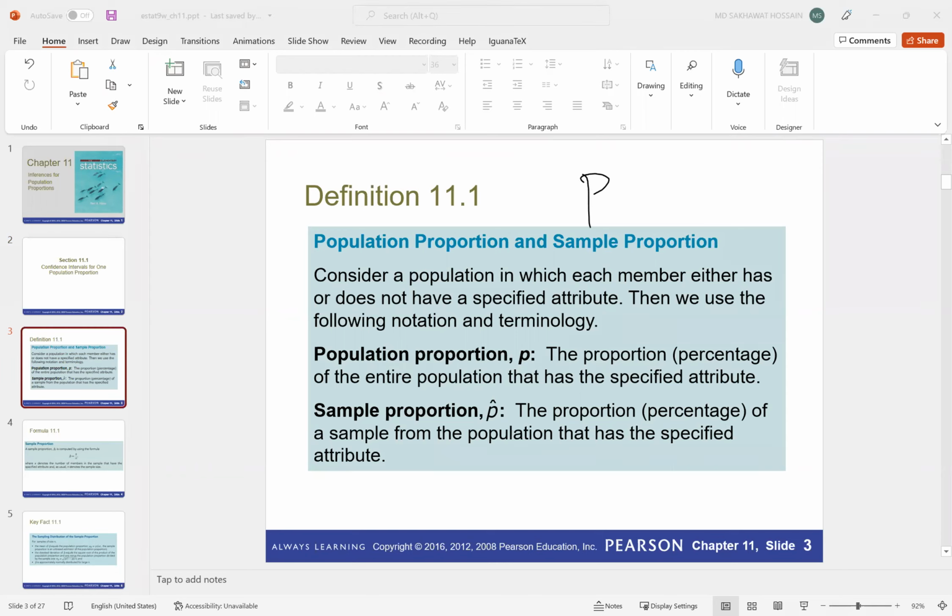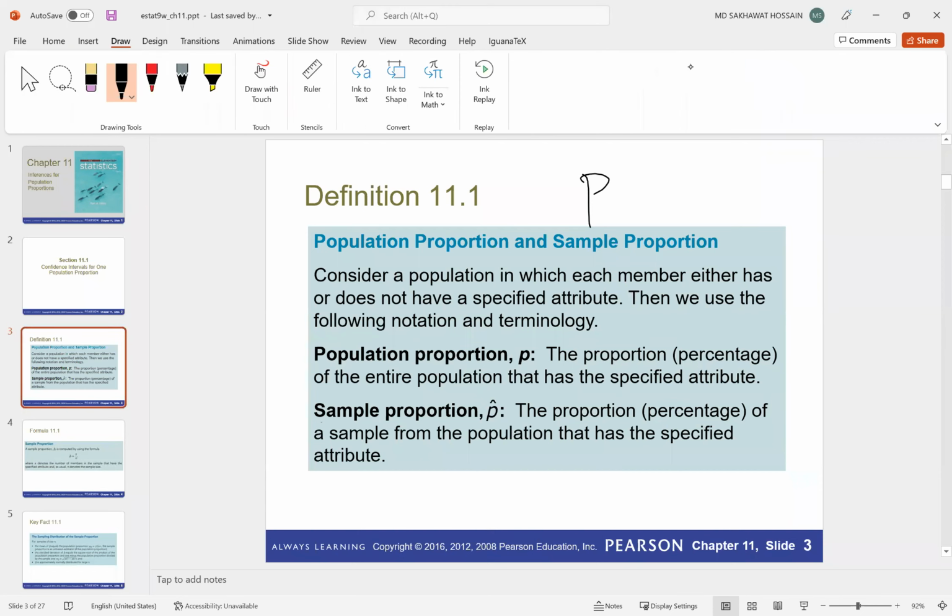It is the proportion of the entire population that has the specified attribute. So for example, if we consider a population and we want to know the gender of the population, for example, male or female, the proportion of the entire population that has a specified attribute is called the population proportion.